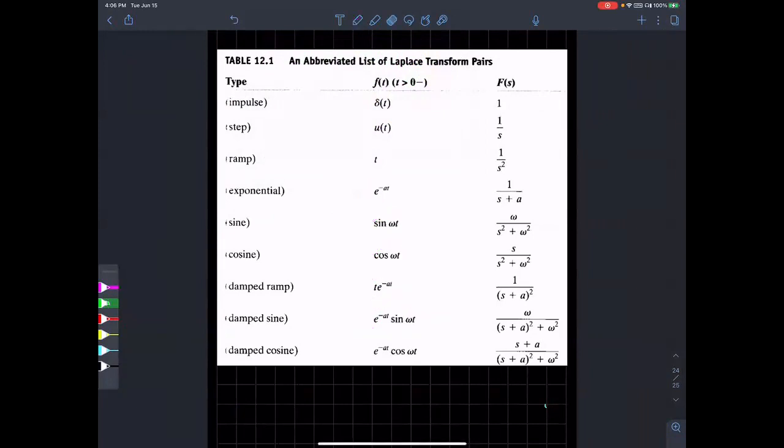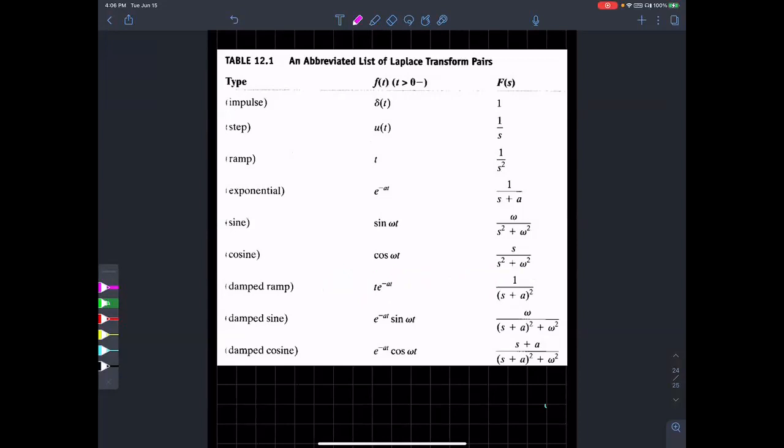All of these functions and their Laplace transforms. If you take a Laplace transform of this, you'll end up with that. If you were to take an inverse Laplace transform of this, you'll get this. So that's the idea. We don't derive them so often as we use them readily, look up.